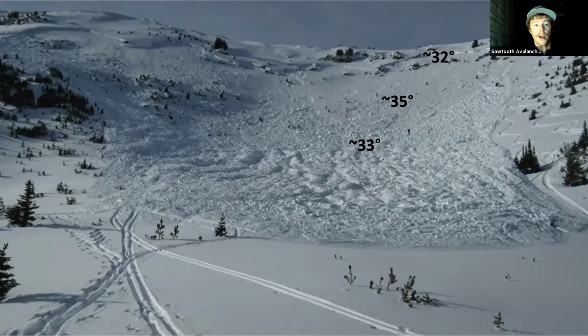So when we talk about avalanche terrain, I think we need, particularly when we're talking about persistent weak layers, to be thinking about not only where the avalanche initiates, but where the terrain is that you're connected to traditional avalanche terrain, slopes steeper than about 35 degrees that might be above you.